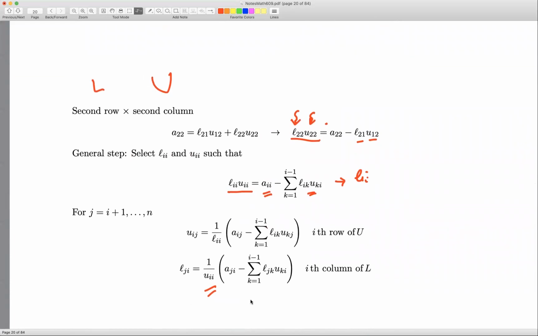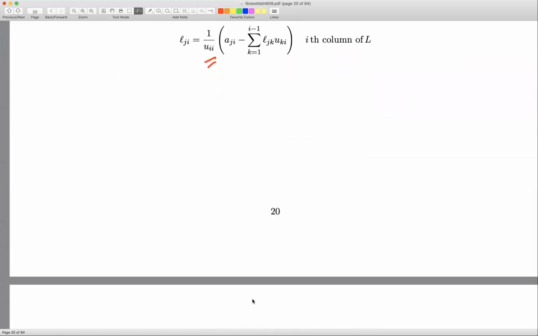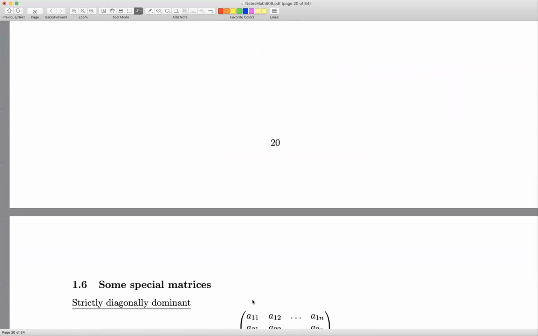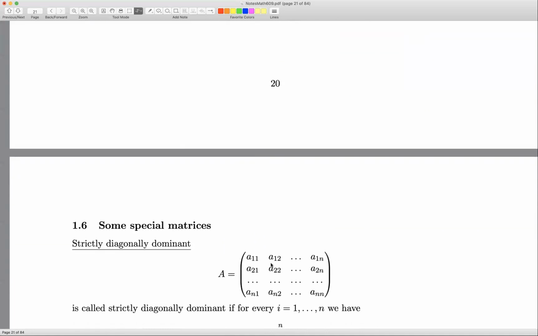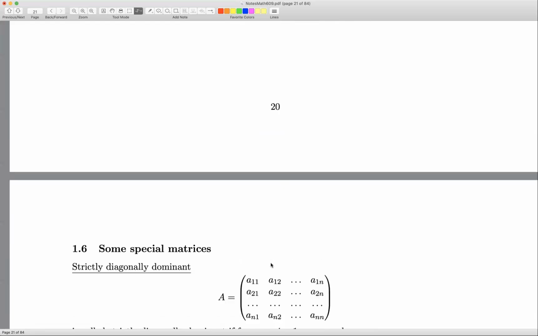So this is a way to perform the LU factorization directly, not in conjunction with Gauss elimination. And what is happening is that there are some special matrices for which we will discuss. We discussed that before.